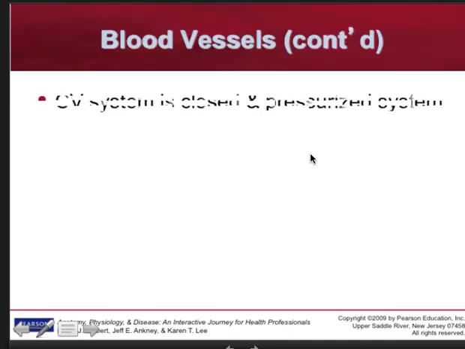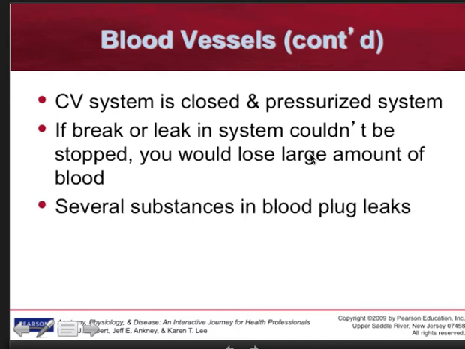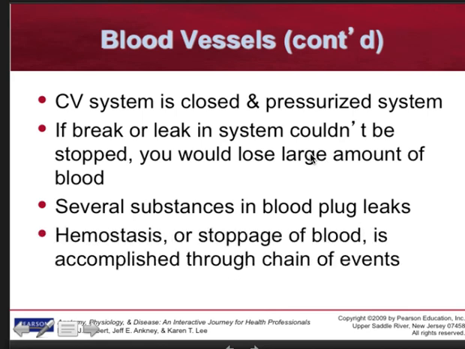The cardiovascular system is closed and pressurized, and if we break it, then we would hemorrhage. If you couldn't stop these breaks, you'd lose a large amount of blood and you'd die relatively quickly. But there are several mechanisms that allow us to stop massive hemorrhaging. Hemostasis is the stoppage of blood loss and is accomplished through a chain of events.